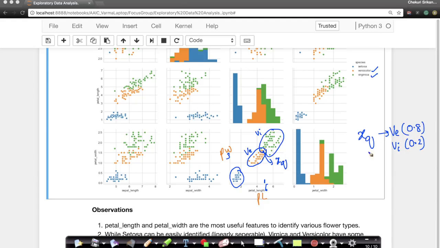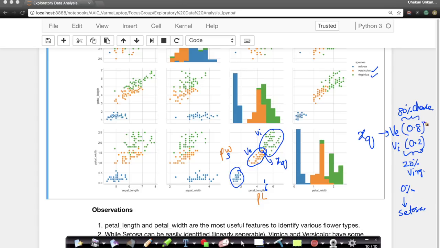Let me put that in simple English terms. Instead of declaring XQ as either virginica or versicolor, I could say there is an 80% chance that it belongs to versicolor, a 20% chance that it belongs to virginica, and a 0% chance that it belongs to setosa.